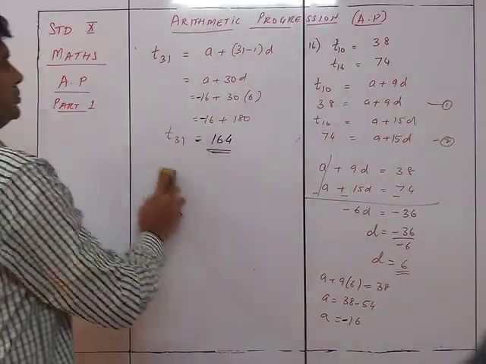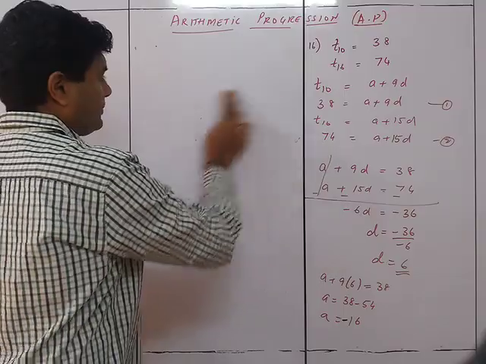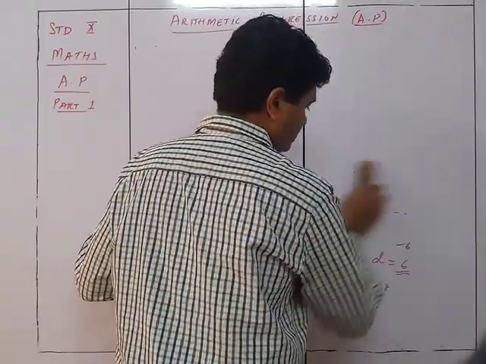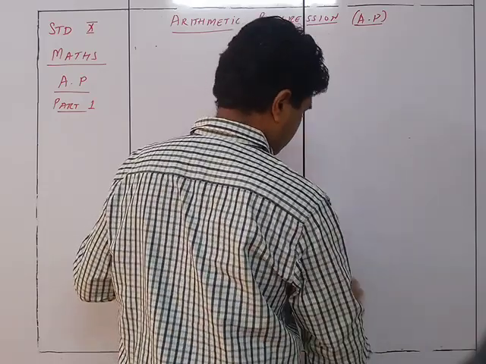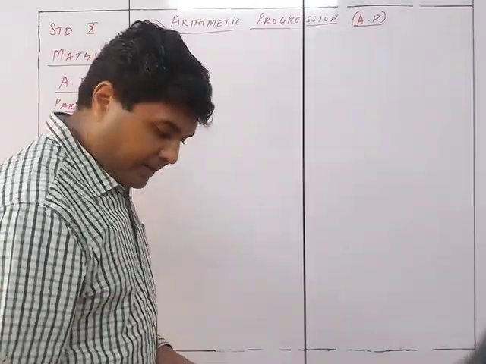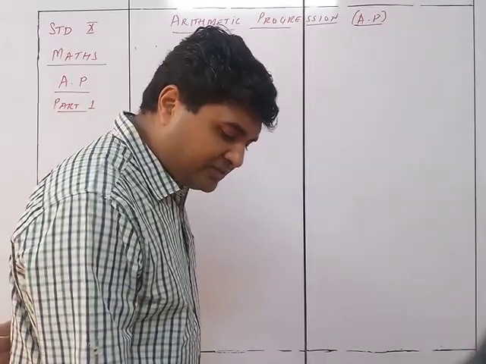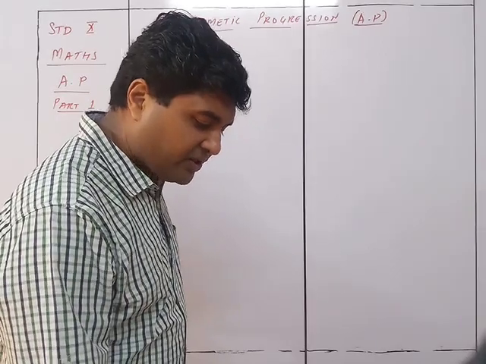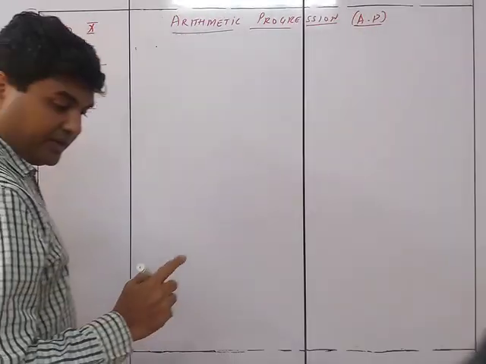We now move on to sum number 18. An AP consists of 60 terms. If the first and the last term are 7 and 125, find the 31st term. So you have 60 terms.